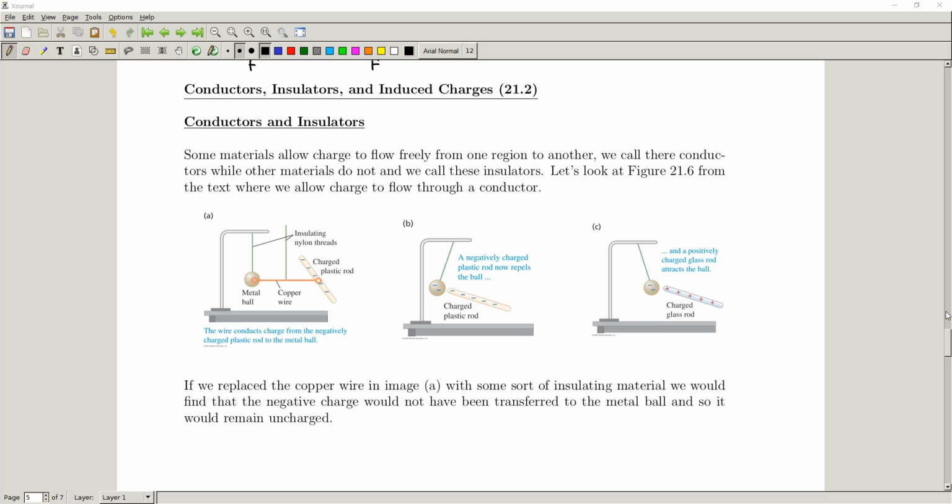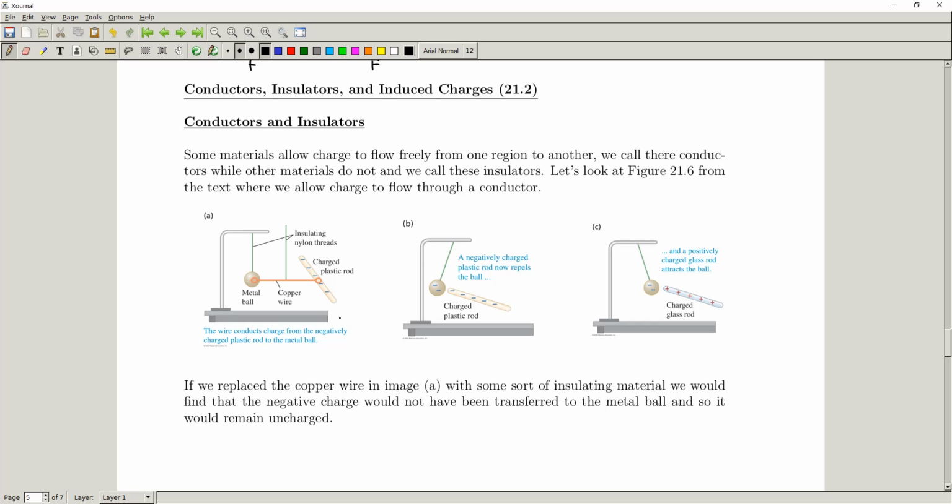Well, we start off with a metal ball. This metal ball starts off with no charge on it, so it's electrically neutral. And we hang it with this insulating nylon thread. We then bring this charged plastic rod, which has a net negative charge, closer to the metal ball, and then we connect the two of them with a copper wire, right?